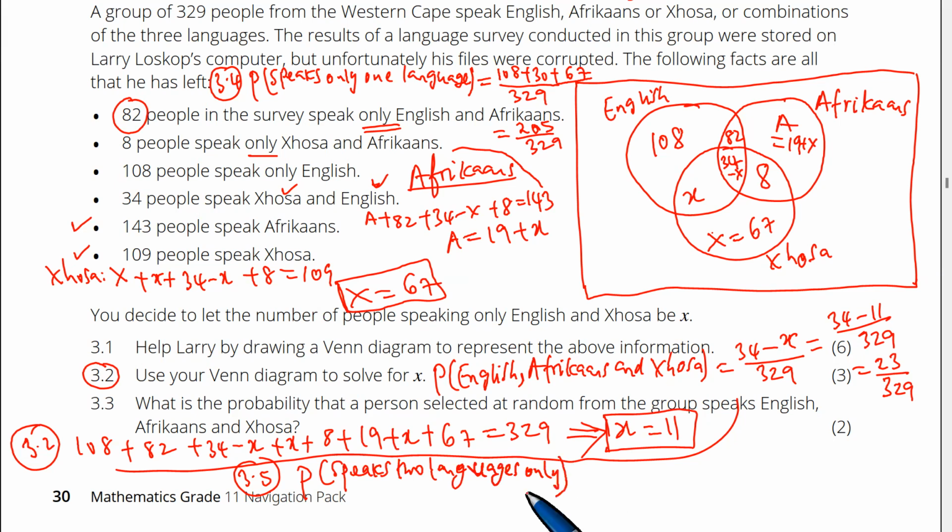If the person speaks 2 languages only, what does it mean?